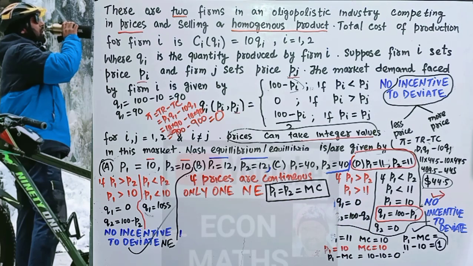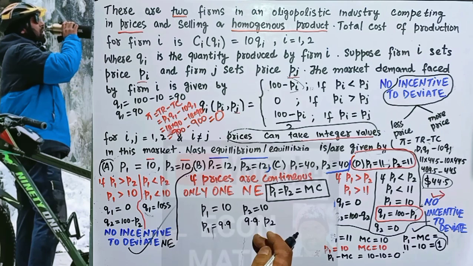By continuous, what we mean: let us say firm 1 is charging $10, firm 2 is also charging $10. If firm 1 charges a price, let us say 9.9, firm 2 will also charge 9.9.